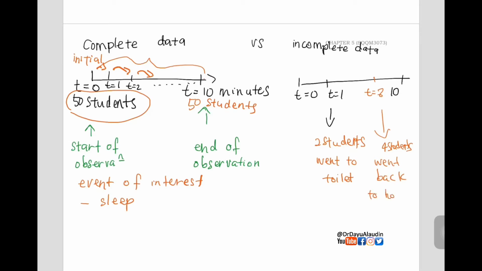So they leave the class not just because they are sleeping, but because of something else. The total of students here is 50, and at the end of the observation it will decrease, not just because students are sleeping, but also because of the other event. So we call it incomplete data.